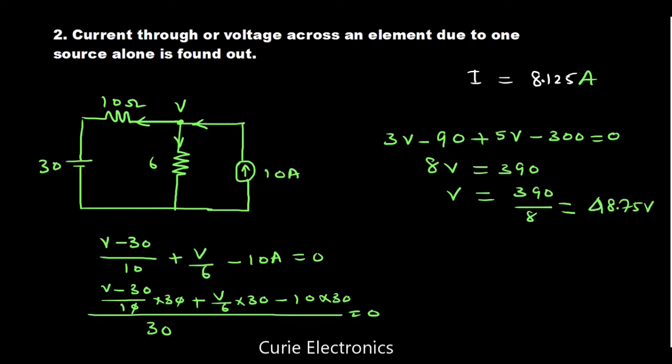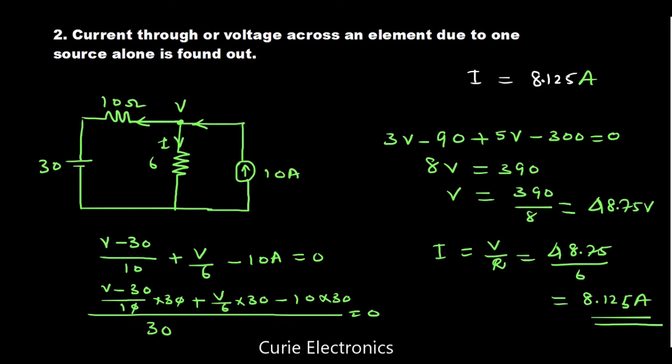Now what is the current I here? I equals V upon R, Ohm's law. So 48.75 upon the resistor value 6. If you divide, we get the same 8.125 amps. So whatever we calculated using the superposition theorem is right.